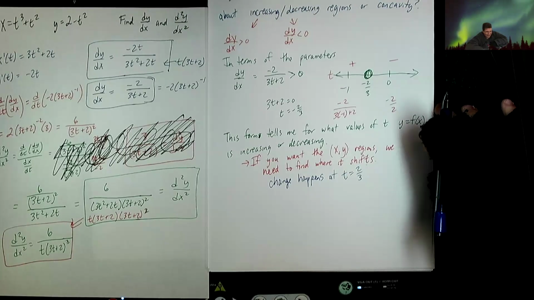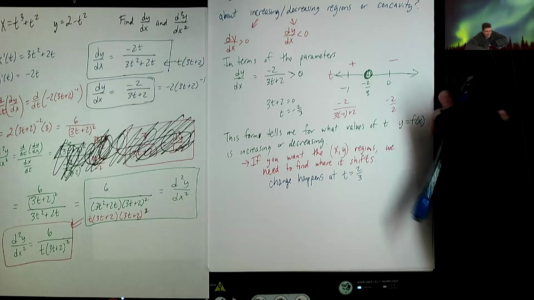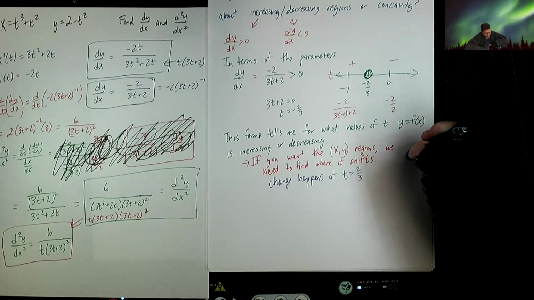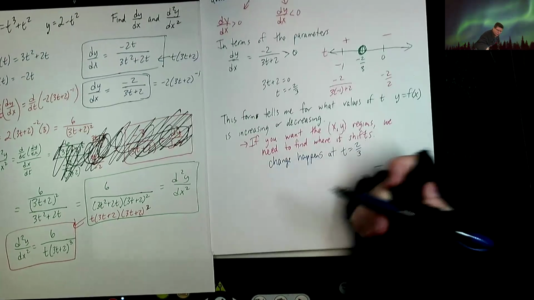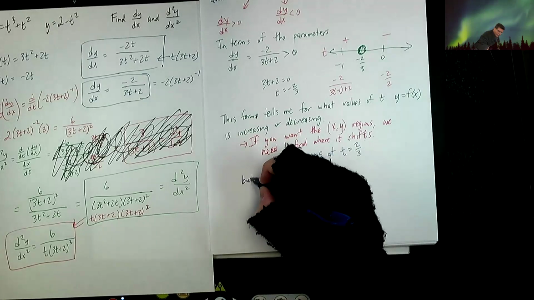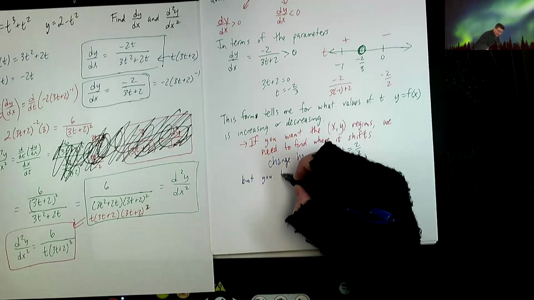I don't want to say values greater than it or less than it because I don't know which direction on the graph the line is actually moving. If t is increasing to the left, then it's backwards of what we think. So change happens at t equals 2/3, but you have to check the direction of travel.